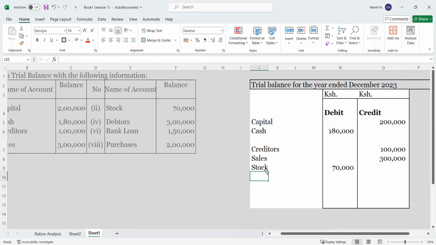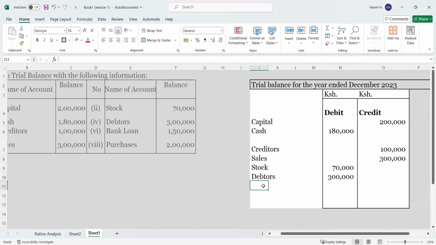When we are preparing the balance sheet, you know where stock is. It is inventory. Then we have the receivables. After receivables, maybe we have cash and cash equivalents or any other adjustments. Those are the current assets, so stock is in that category, and we debit. Debtors, here we debit.